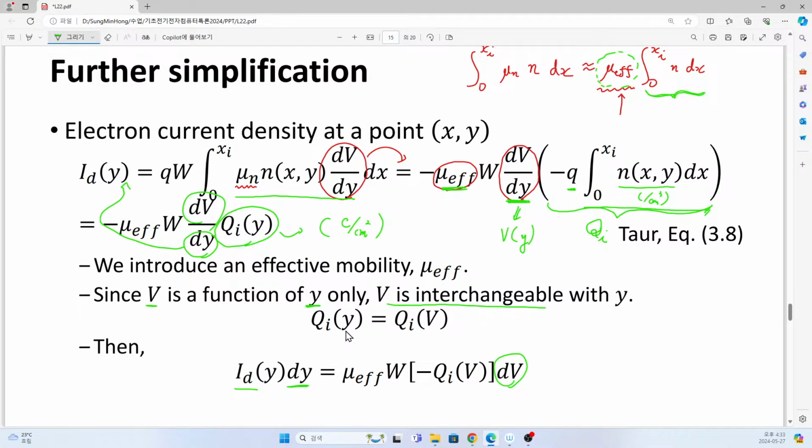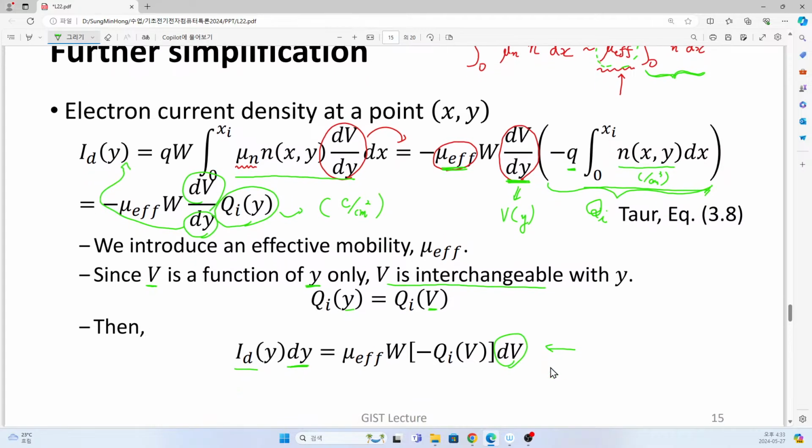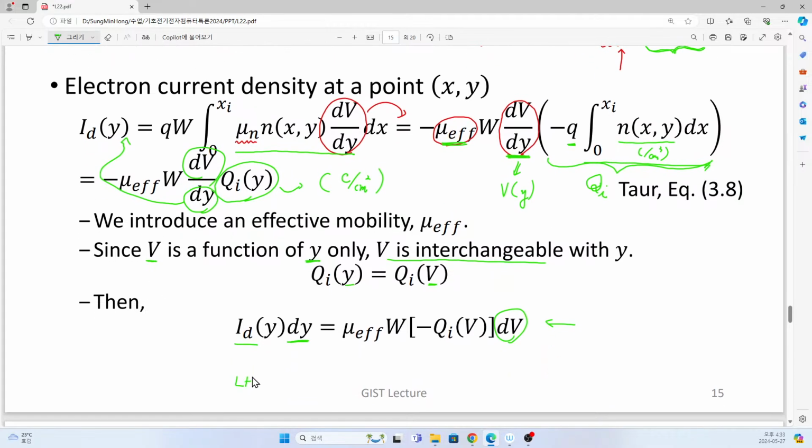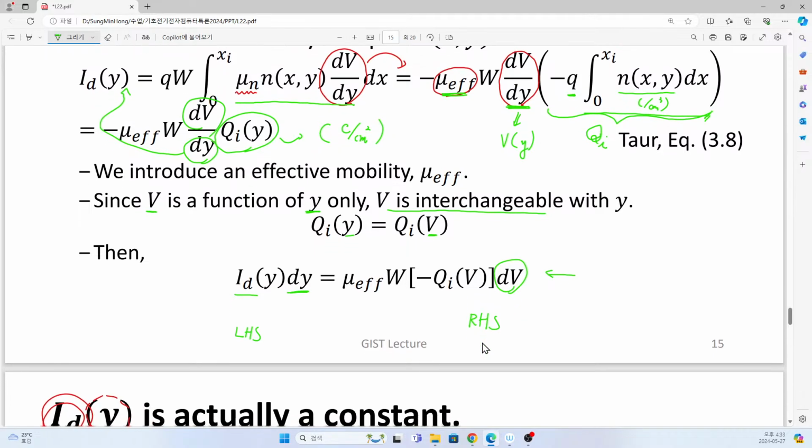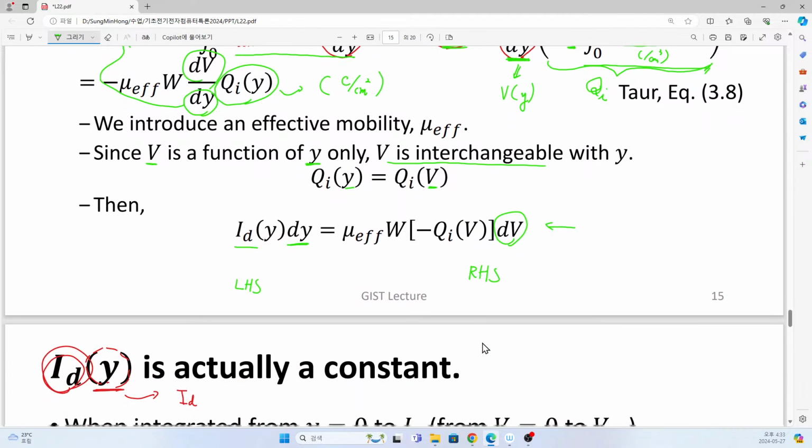So instead of this y, we just write down this V. It's okay because there is a one-to-one correspondence between y and V. So now we have quite a clear expression. The left hand side only has y dependence, and the right hand side has only V dependence. V is once again the electron quasi-Fermi potential.